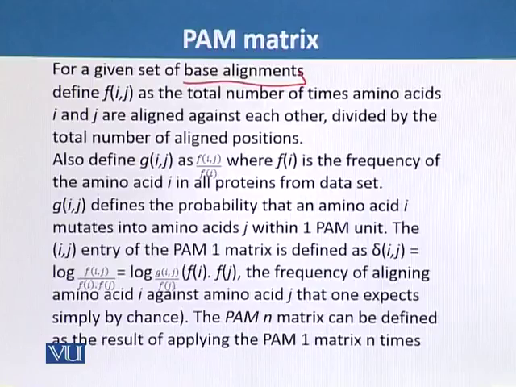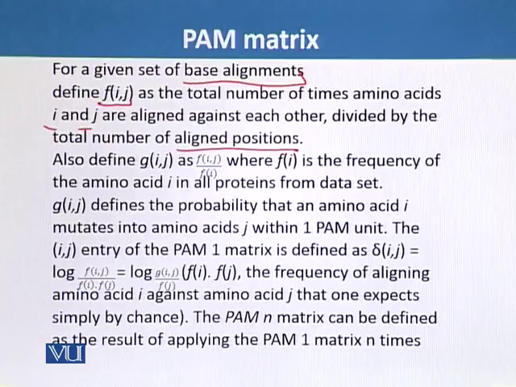Now we will define various parameters. First, we define Fij, the total number of times amino acids I and J are aligned against each other. It means the number of times amino acid I in the V string and amino acid J in the W string are aligned at the same positions, divided by the total number of aligned positions.